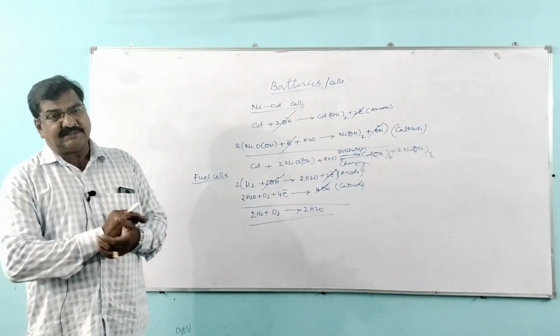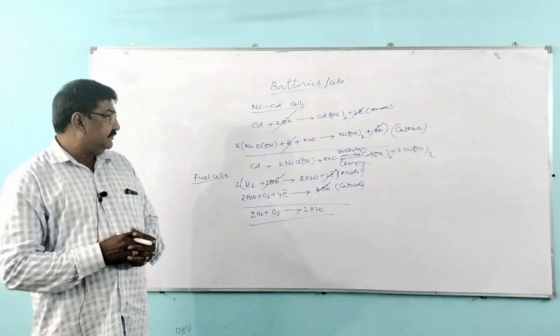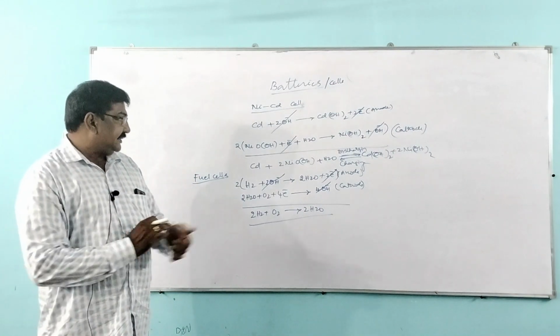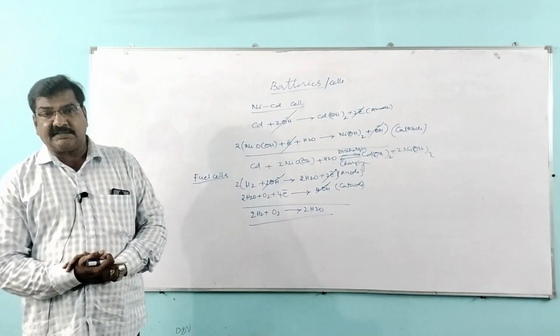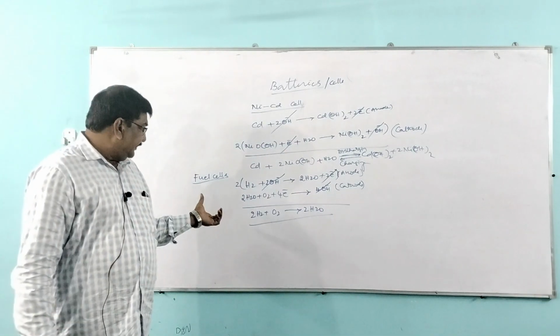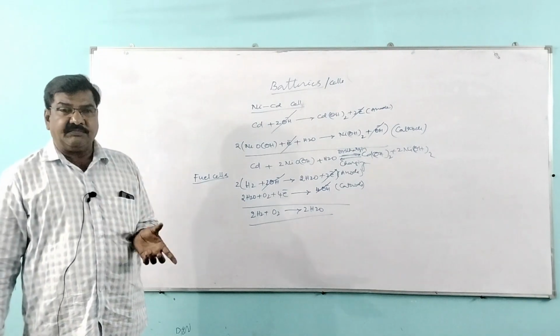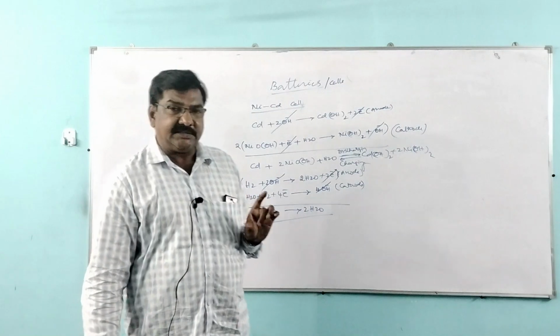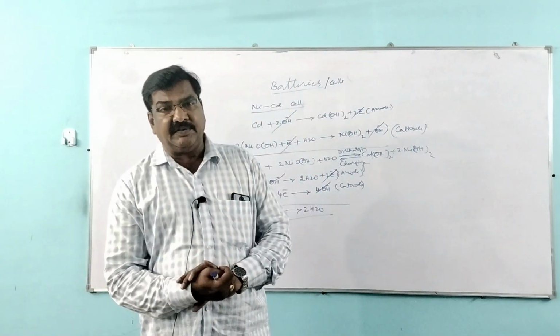Whereas in other cells, there are lead compounds which pollute the environment and water, and other chemicals like cadmium hydroxide, nickel hydroxide, zinc compounds, etc. But in fuel cells, the advantage is that they are non-polluting. The only disadvantage with fuel cells is that carrying hydrogen is very, very difficult.